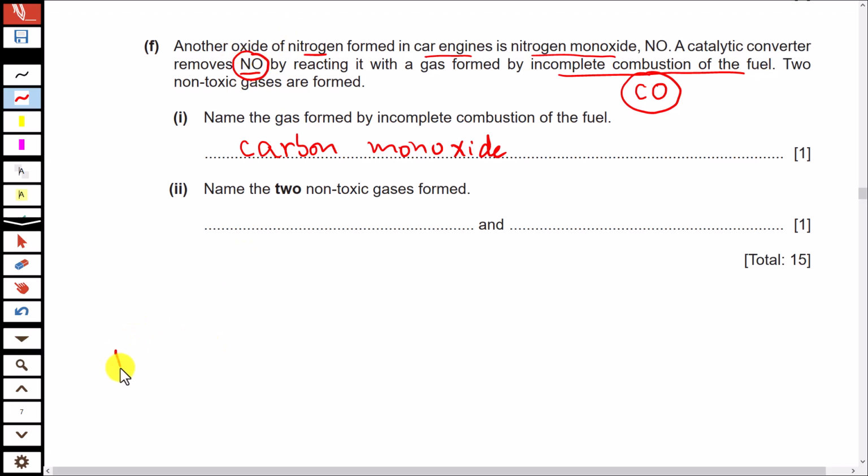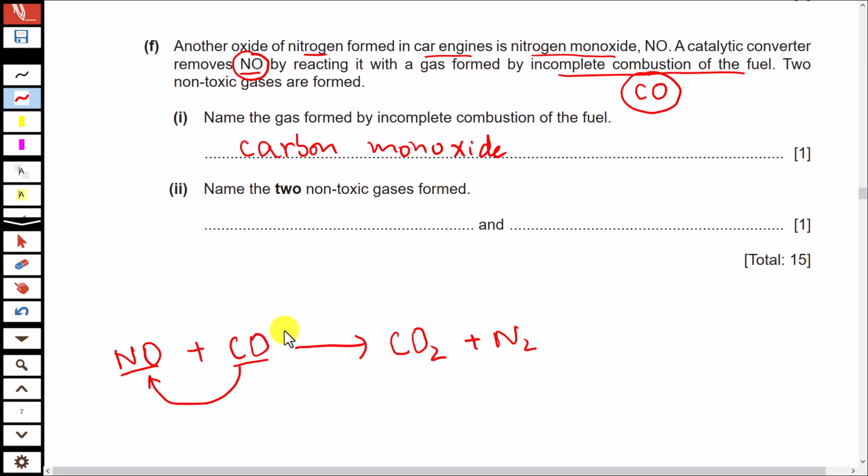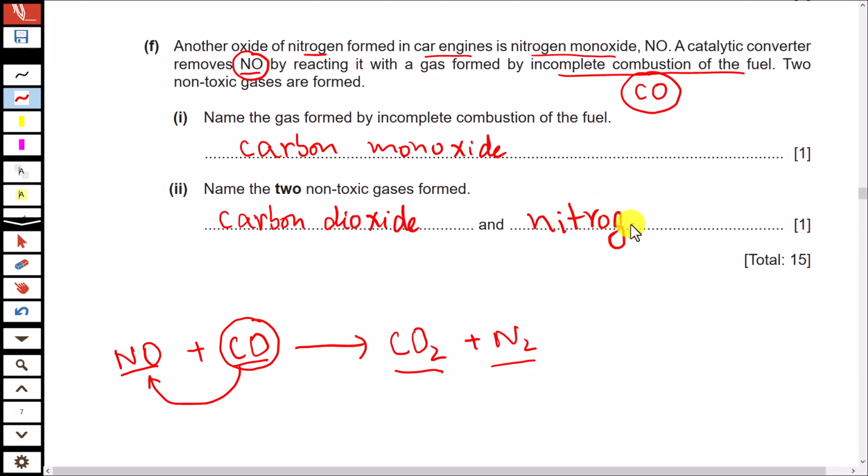The reaction taking place here is NO plus CO producing carbon dioxide. CO is reducing NO and is itself being oxidized. On the other hand, NO is reduced to nitrogen. So the gas produced by incomplete combustion is carbon monoxide, and the 2 non-toxic gases formed here are carbon dioxide and nitrogen gas.